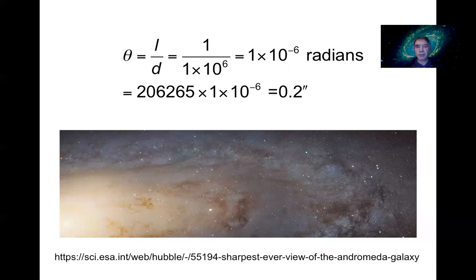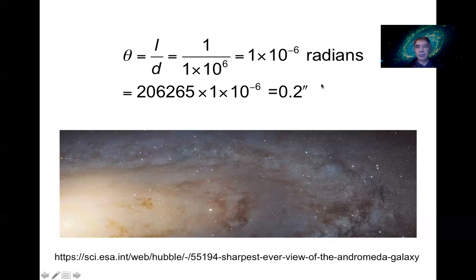But of course, that all changed, like a lot of things, when we started launching telescopes into space. The Hubble Space Telescope, which, as you saw from Workshop 1, has a spatial resolution of about 0.05 arc seconds in the optical, is capable of resolving stars in a nearby galaxy.